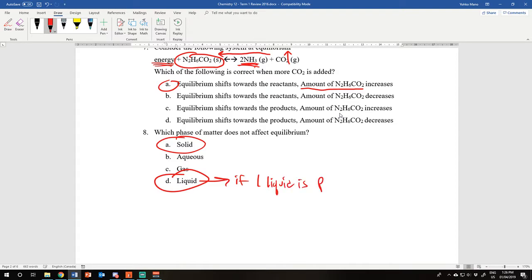And I've marked that correct as well, because it is correct with that note. Liquids by themselves can affect equilibrium, so it's kind of ambiguous. So if you just answered with liquid, it's very ambiguous, and we'll probably just mark it wrong. The other two, because concentrations can change, are incorrect.